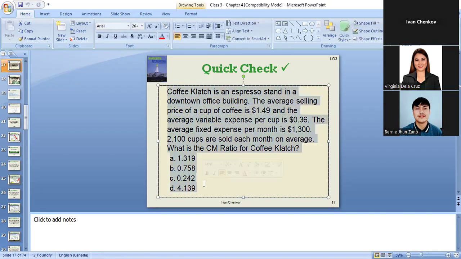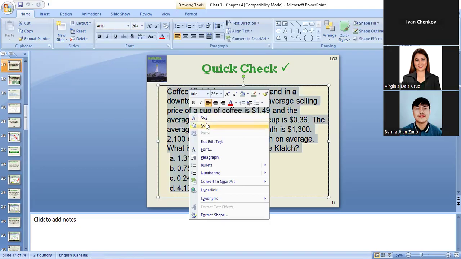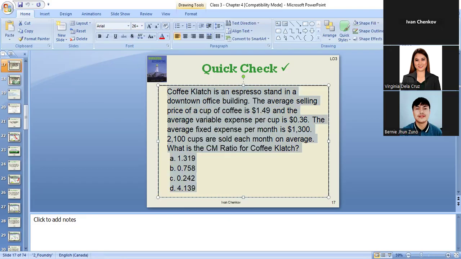What I can do is copy this and move to the Excel spreadsheet again, paste it there, and we can do it together very quickly and see what we get from this question. Just a second, because the formatting is not correct.